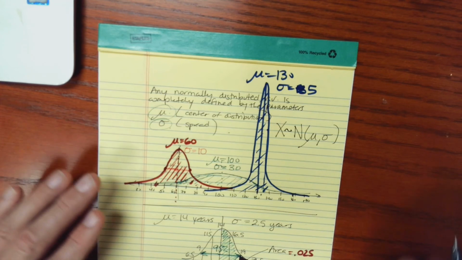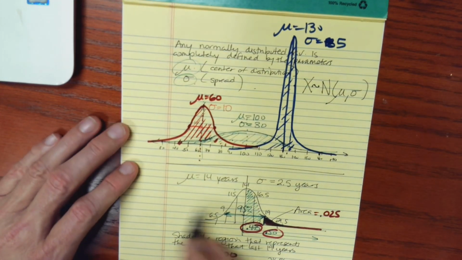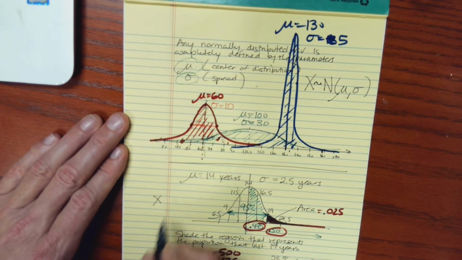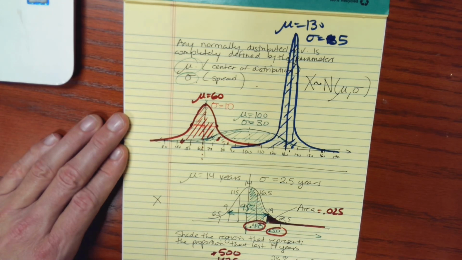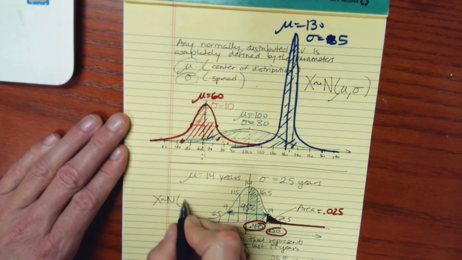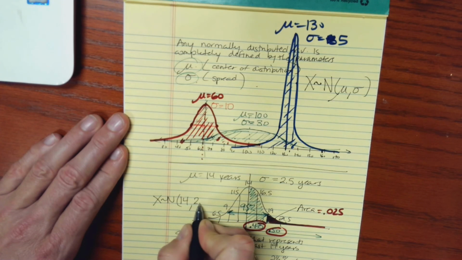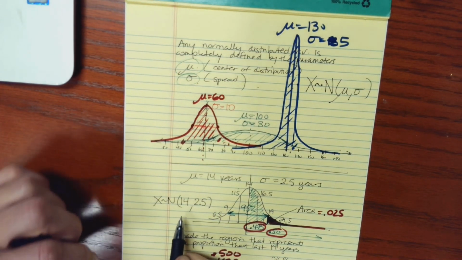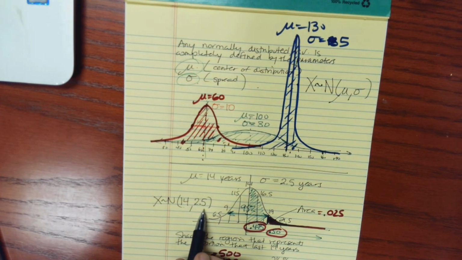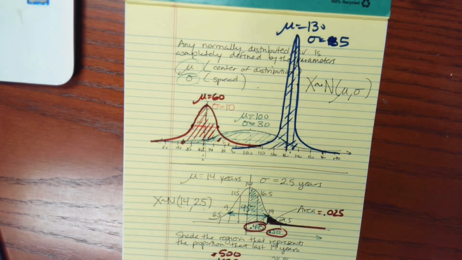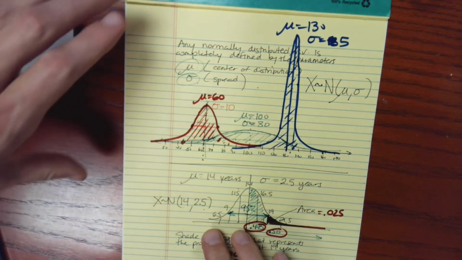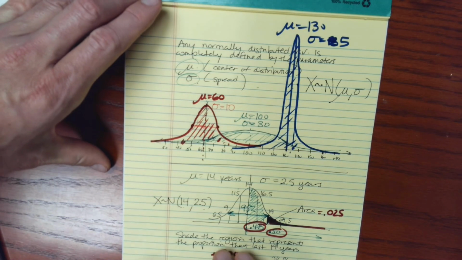Those are the two parameters. So in this example with refrigerators, I could say that x, which represents the life of refrigerators, is normally distributed with mean 14 and standard deviation 2.5. We'll always put them in that order, mean followed by standard deviation. All right, I hope that helps with your understanding of normally distributed random variables.